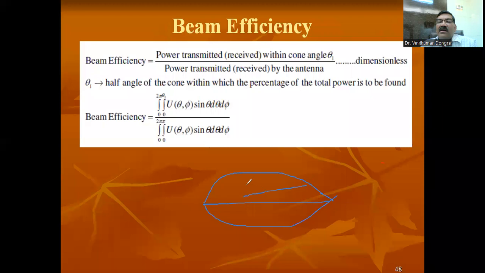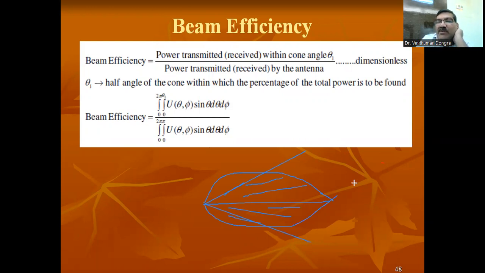Suppose I consider this angle, maybe the half power beam width, this solid angle. Now this antenna is transmitting only in this angle, with no other transmission.